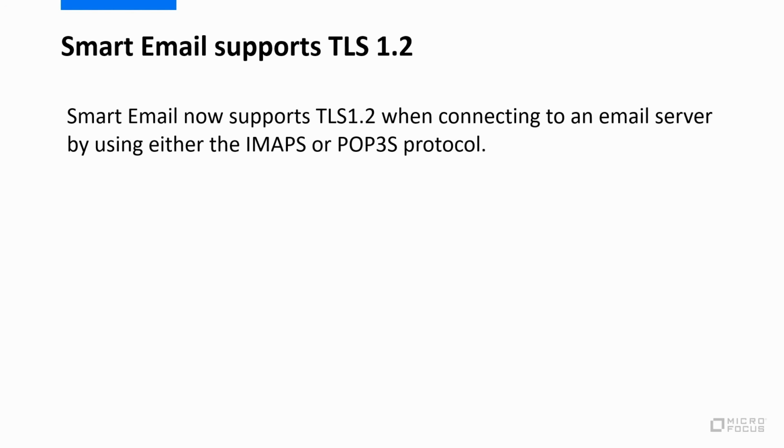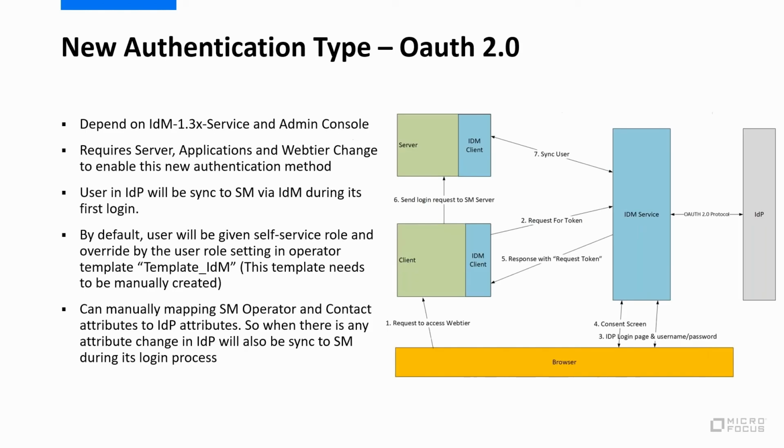Both of these smart email improvements are also covered in the previously released Service Manager 9.6.4 patch. So in case you are on the Service Manager 9.6 or 9.5x branch, you can upgrade your binary to the latest Service Manager 9.6.4 patch to get this new capability supported. Okay, that's for the smart email.